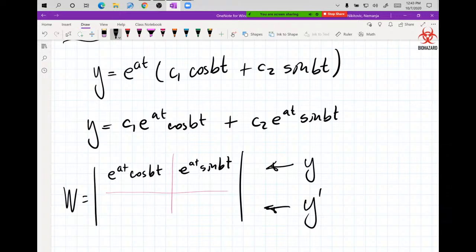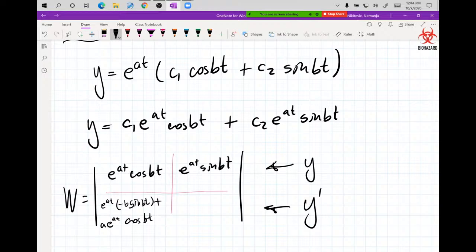So now you need a product rule here. Copy the first, derivative of the second, that's going to be negative b sine bt, plus copy the second, which is cosine bt, derivative of the first is a e to the at. So that's what the Wronskian looks like for the first one.